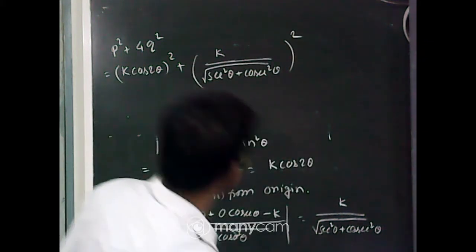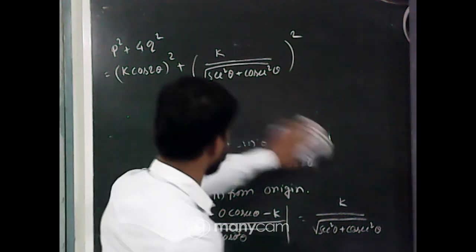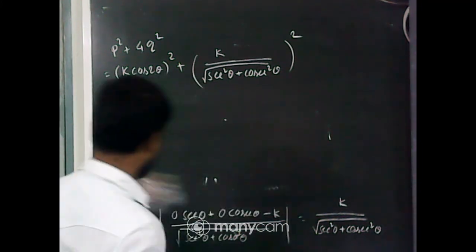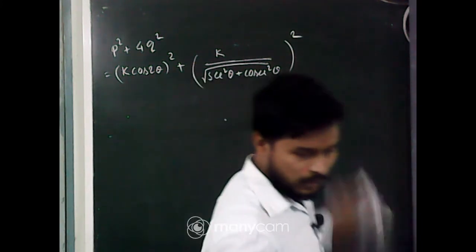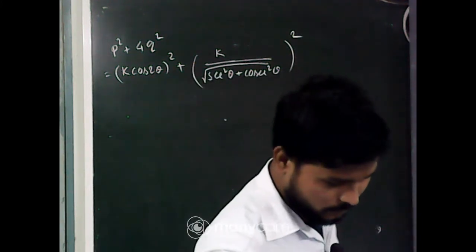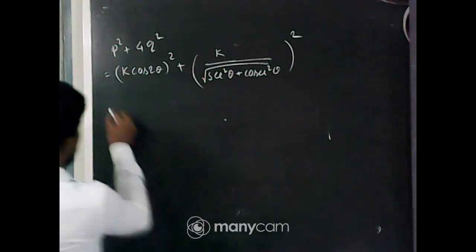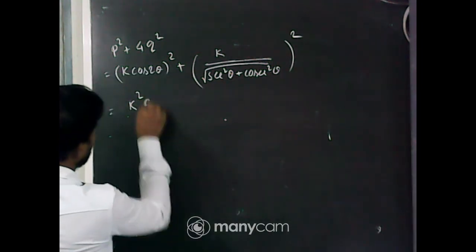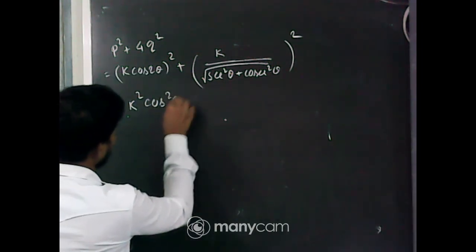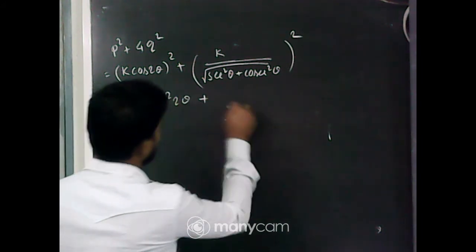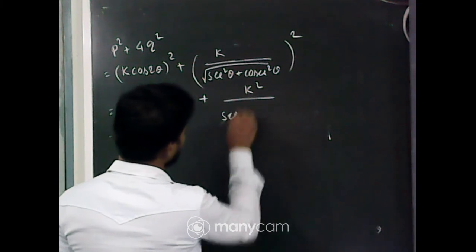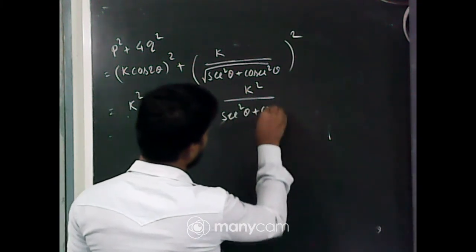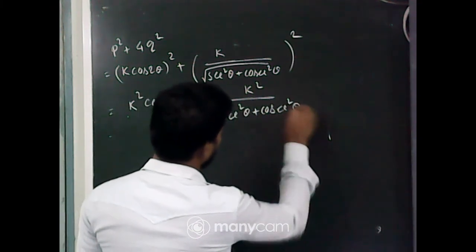Okay, now just do the calculation, you will get the answer. Right hand side will be equal to 1. So that is k square cos square 2 theta plus k square by sec square theta plus cosec square theta.